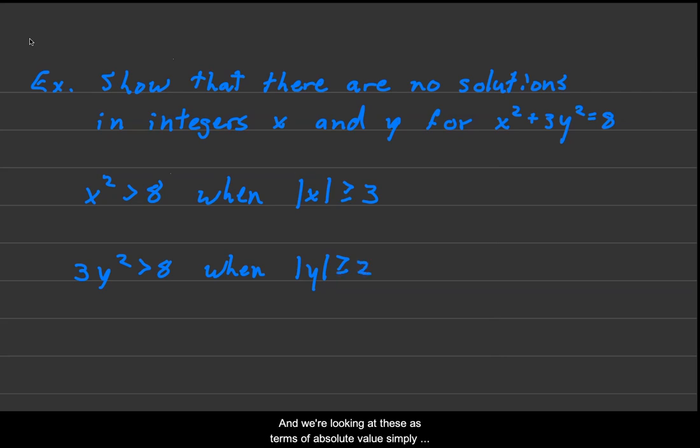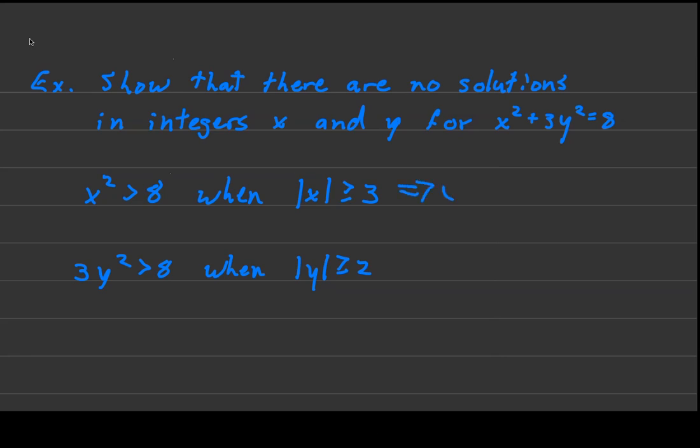We look at these in terms of absolute values simply because x and y are squared. Just looking at this allows us to throw out a whole bunch of potential values: everything 3 and larger for x, and everything 2 and larger for y. So this is a proof by cases that allows us to narrow this down.